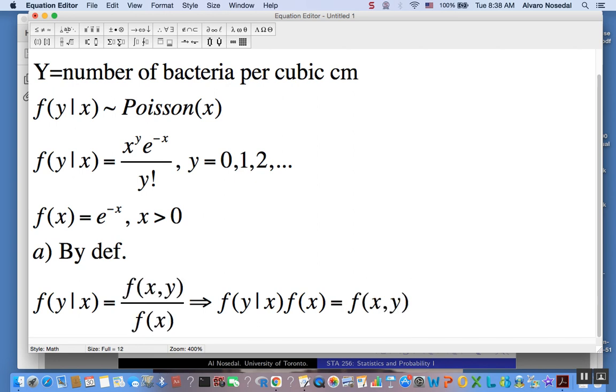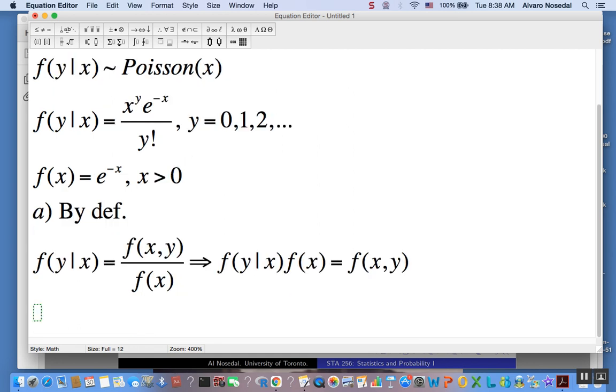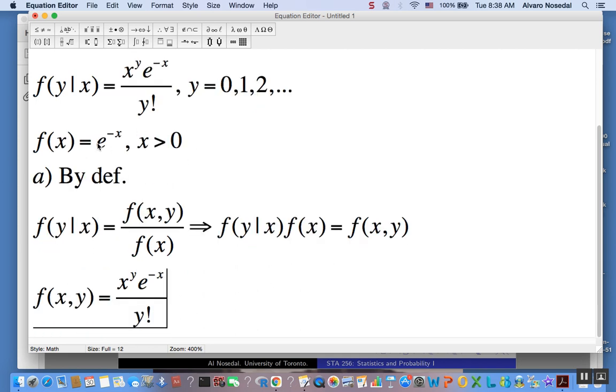Make sense? So let's do that. Just multiply these two guys. So the joint in this case is just going to be this times this, which is just x to the power y e to the negative 2 times x, divided by y factorial, and then it's going to be valid for these values.